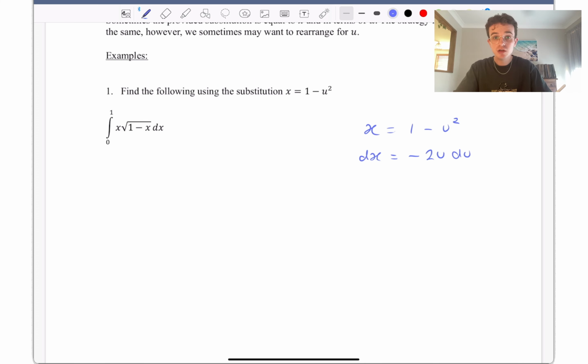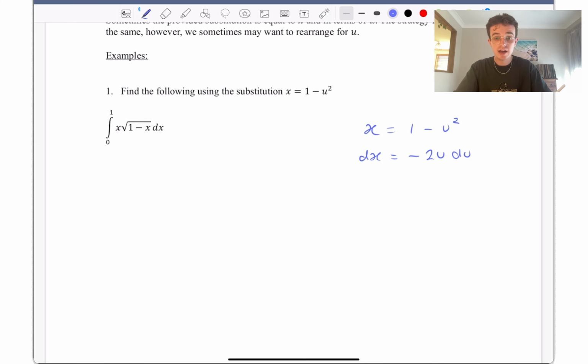Now the advantage of these particular types of questions is I don't have to look for a rearrangement to get my du, because I can just simply substitute dx for this expression straight up here without having to worry about whether I've got the right conditions or whether I have to manipulate it.